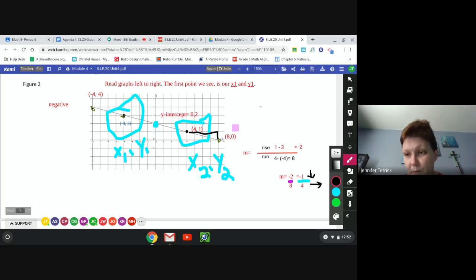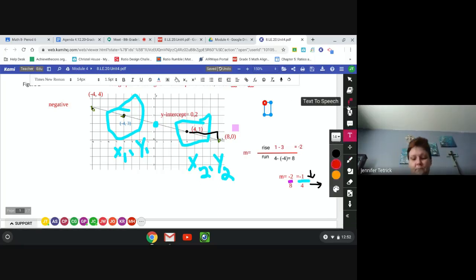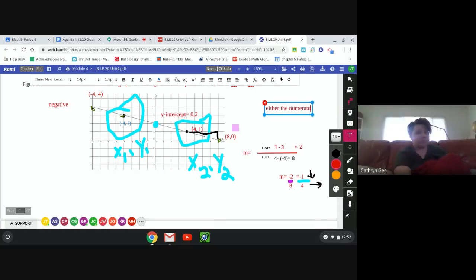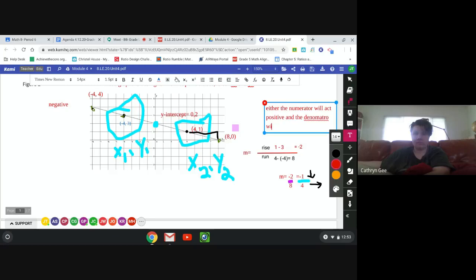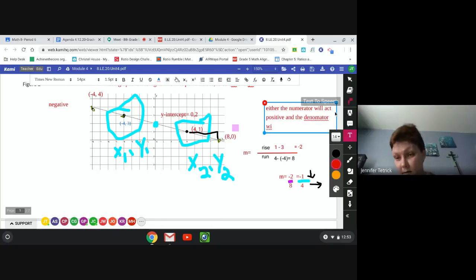So when you have a negative, remember that negative slopes are like batteries. Either the numerator is going to act positive, and the denominator will be negative, okay?